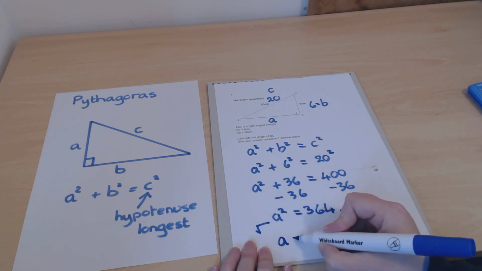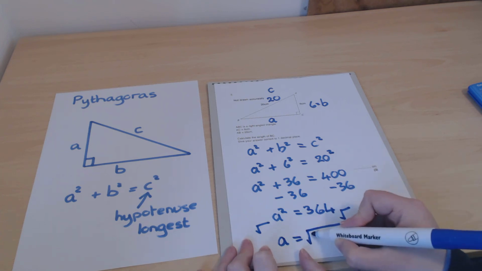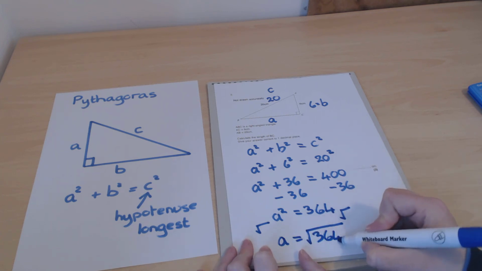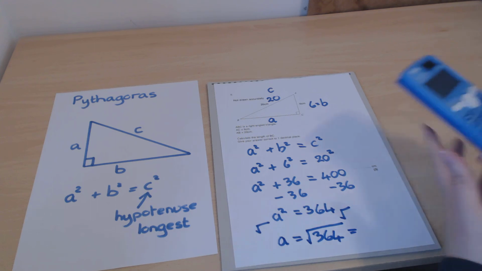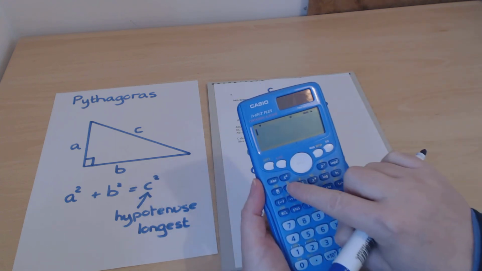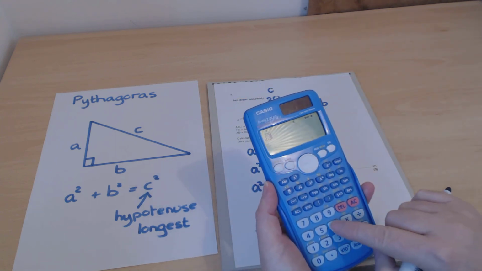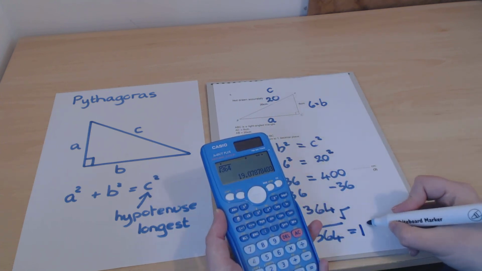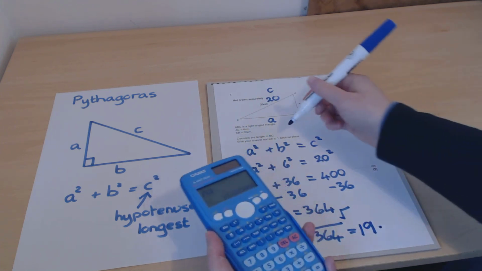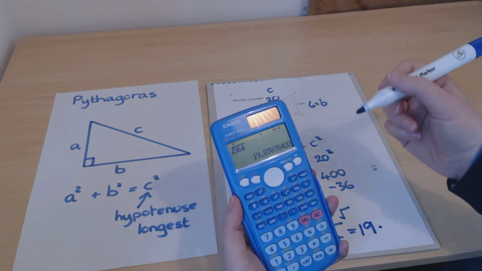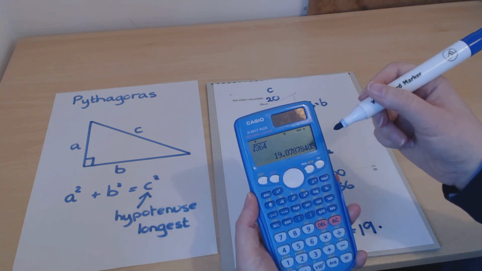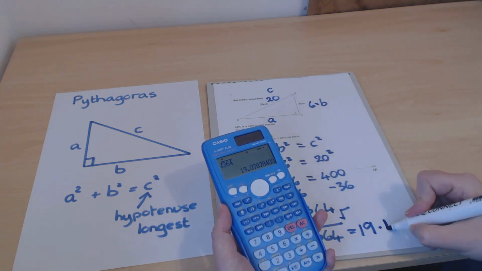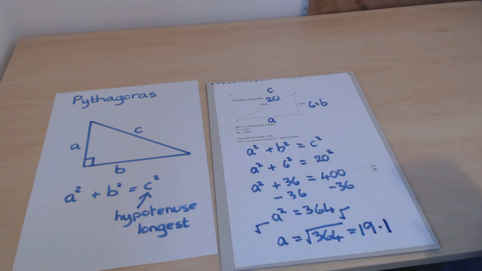So A equals the square root of 364. If we bring the calculator in for that, the square root of 364 equals 19 point, and they've asked for 1 decimal place, so it's 19.07, so it'll be 19.1 centimetres.